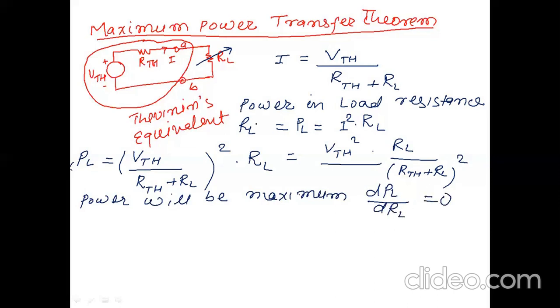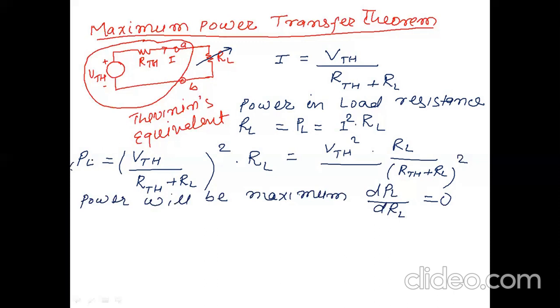Why am I differentiating with respect to RL? Because this resistance is variable here. This RTH is not variable, it is constant, and VTH is also constant here. So our variable is this load resistance. The physical meaning is: what should be the value of this resistance so that the power available in the load resistance becomes maximum. That is what we have to extract.